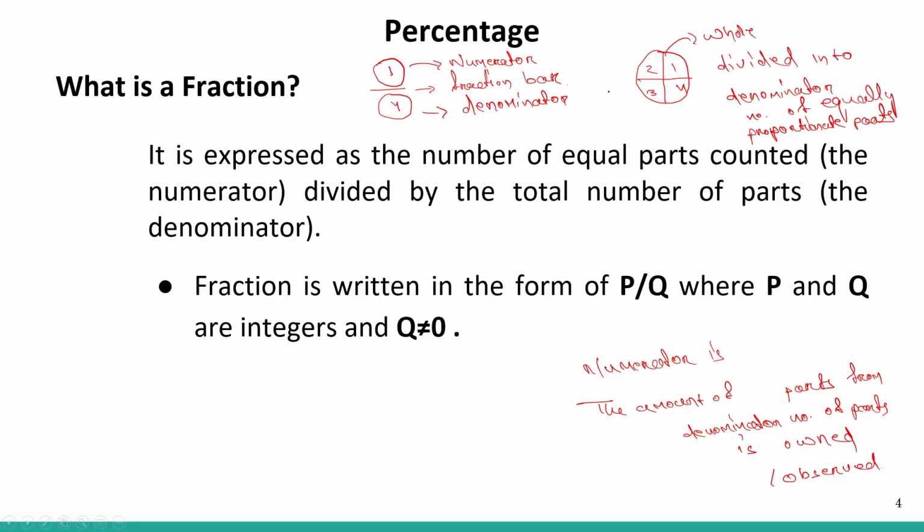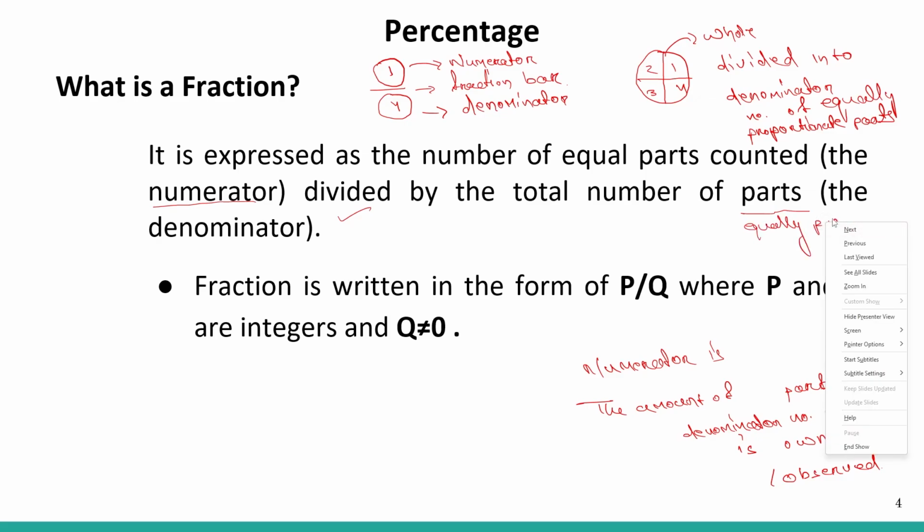So it is expressed as the number of equal parts counted, the numerator, the parts counted or owned or observed, same thing, divided by the total number of parts, the denominator. All the parts are equally proportionate.